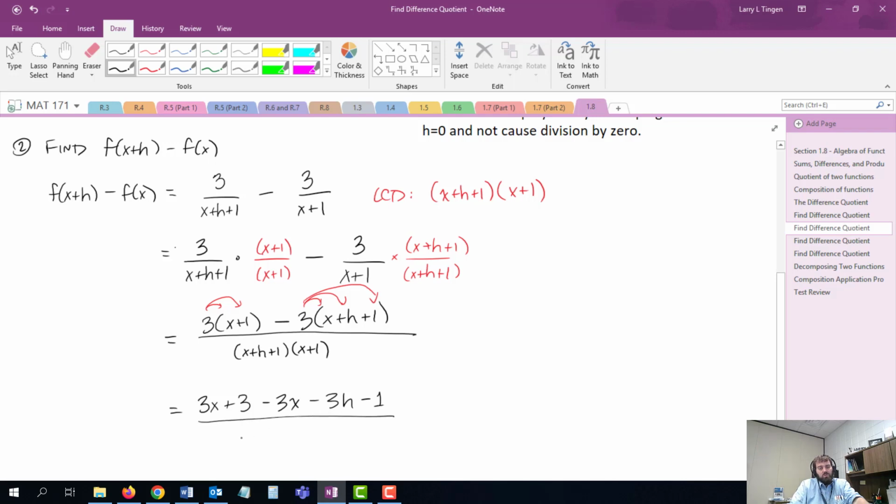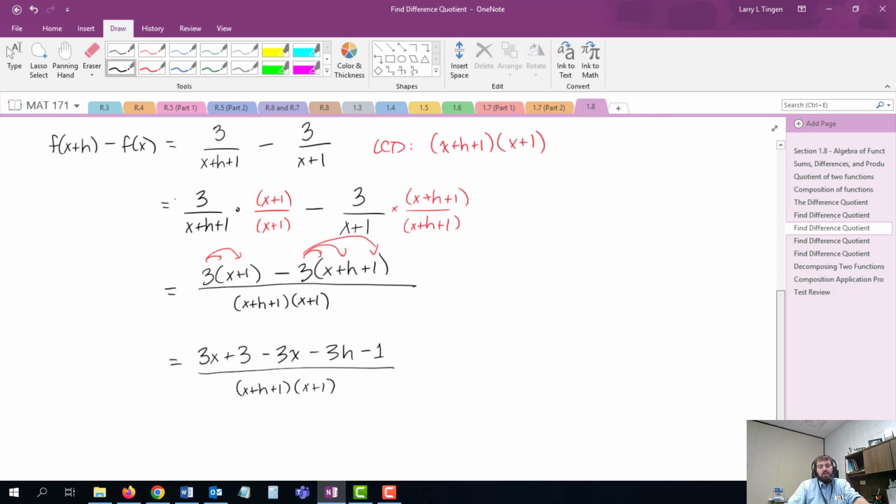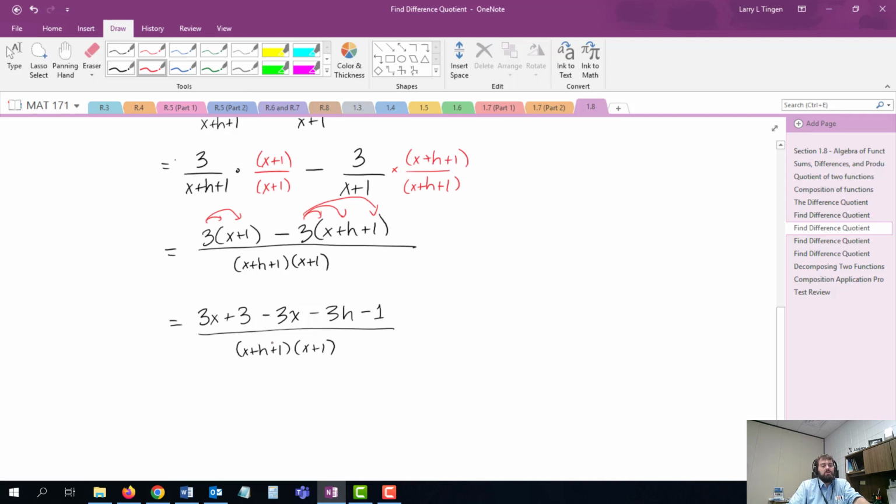This is all still over x plus h plus 1 times x plus 1. And combine like terms in the numerator. 3x minus 3x is 0.